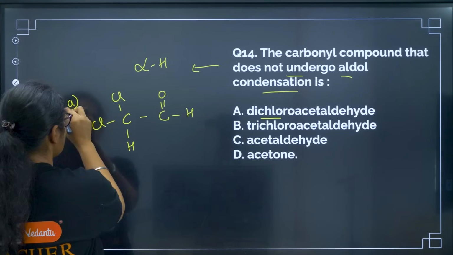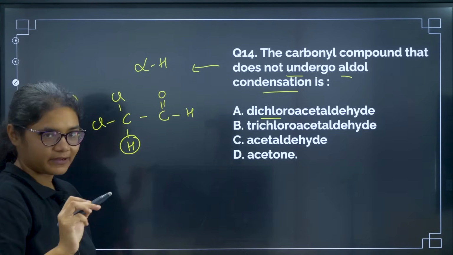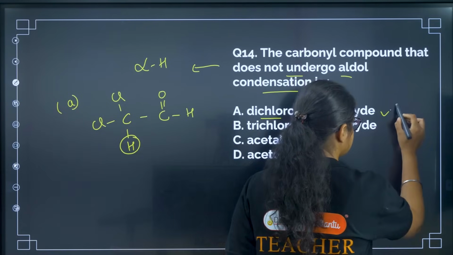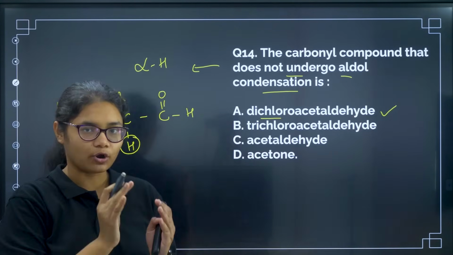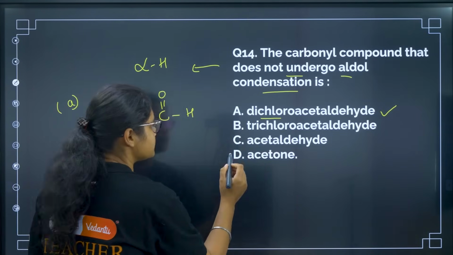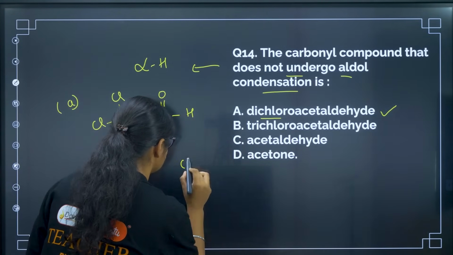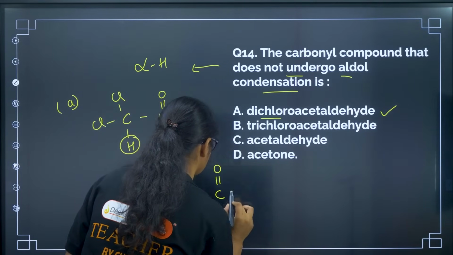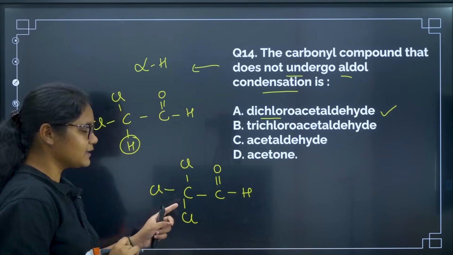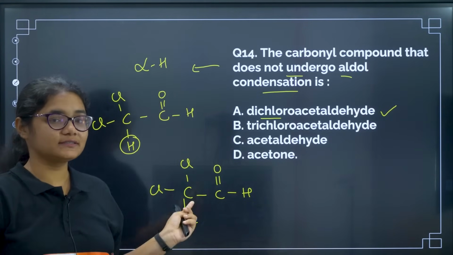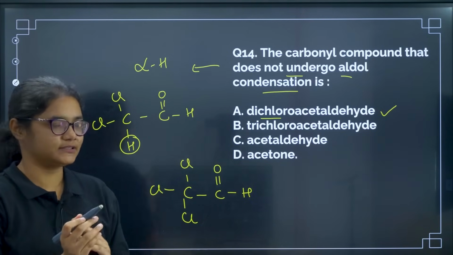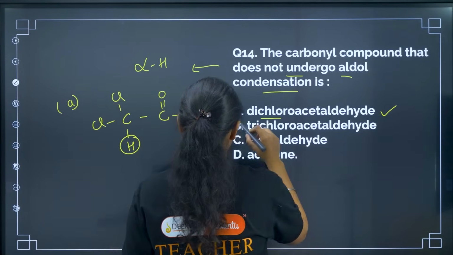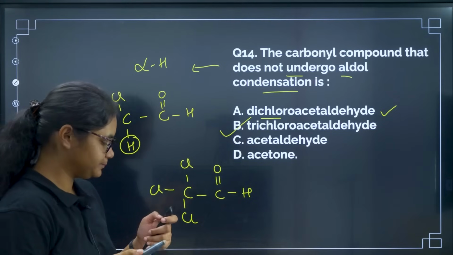You can see one alpha hydrogen is present, so this one will show aldol condensation. The question is which one will not show. Now let us see the next option, trichloroacetaldehyde. This one is not having any alpha hydrogen, so this compound cannot show aldol condensation. The correct answer for this question is option B.